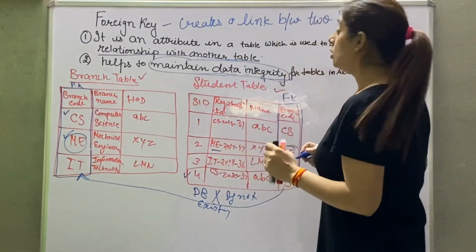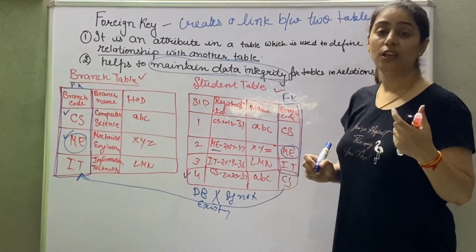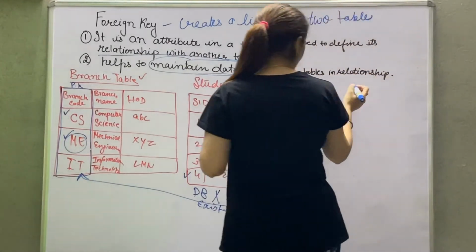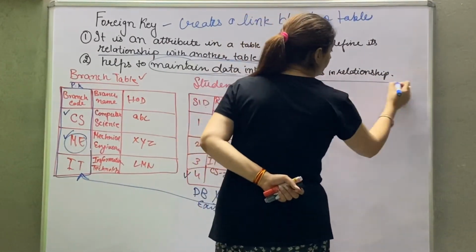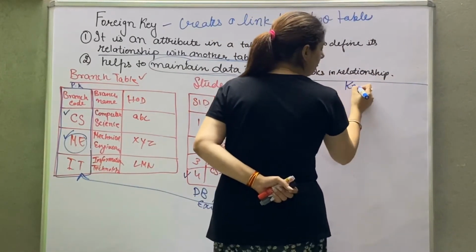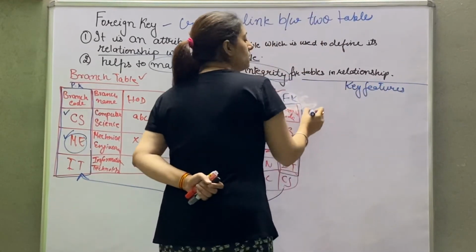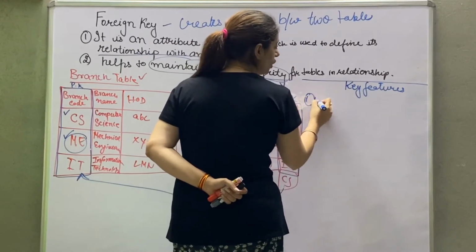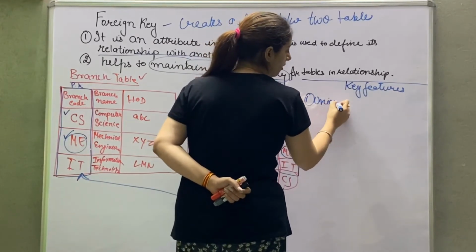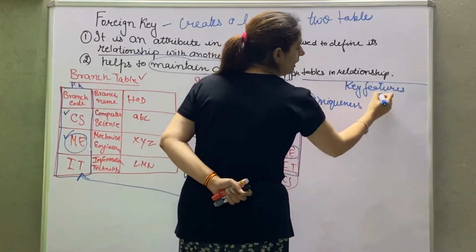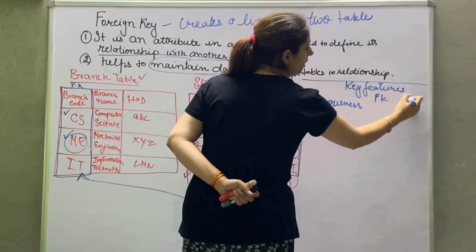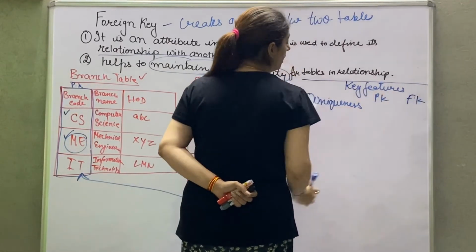Okay, fine. So let's simply check the key features. First is uniqueness. So here is my primary key, here is my foreign key.